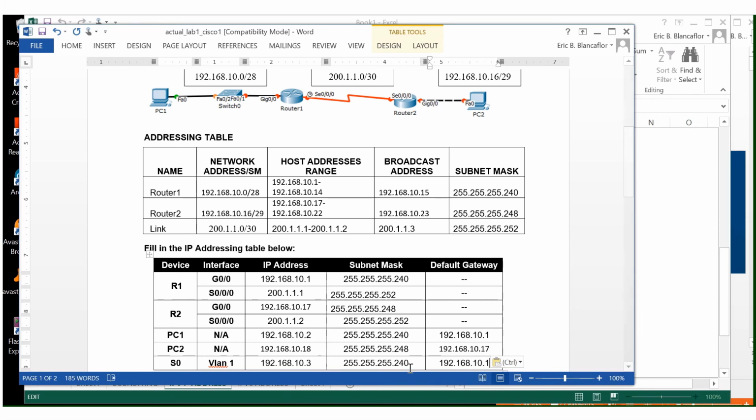Very important concept: to assign the IP addresses and the subnetting very well. If you made a mistake here, it will not connect, or maybe there will be security issues. So that's why this is a very important topic. You have an activity similar to this for you to assess your learnings on this part. If there are parts that you do not understand, you ask me on Facebook, or you ask your classmates.